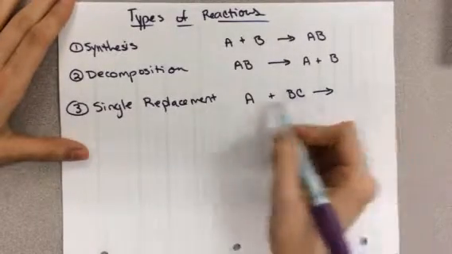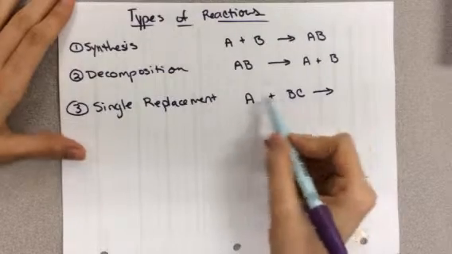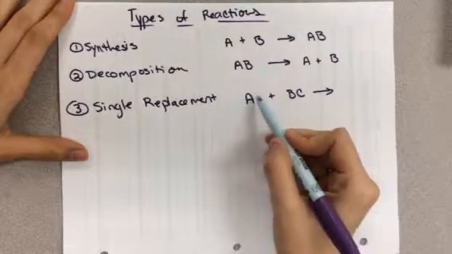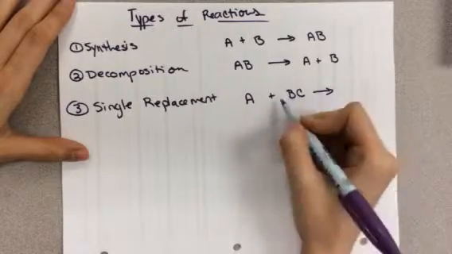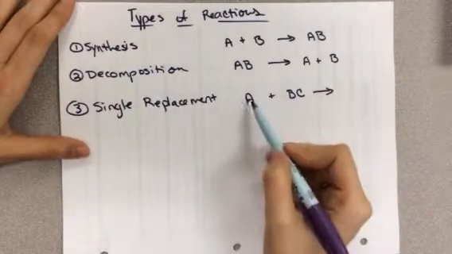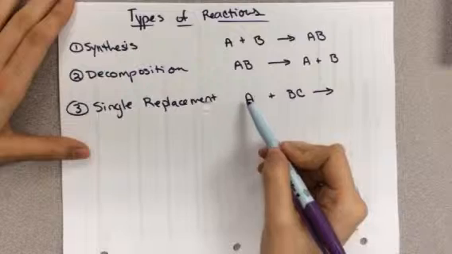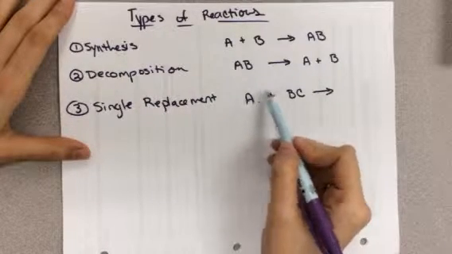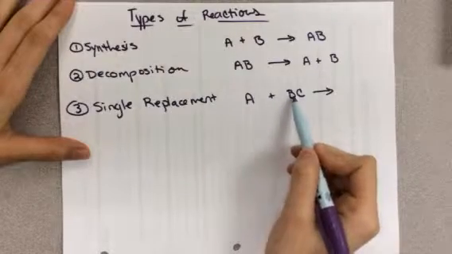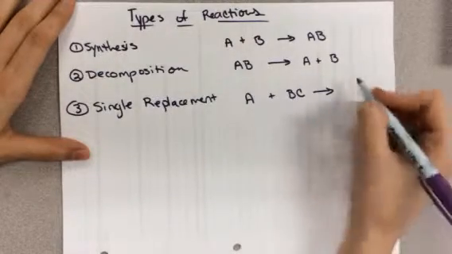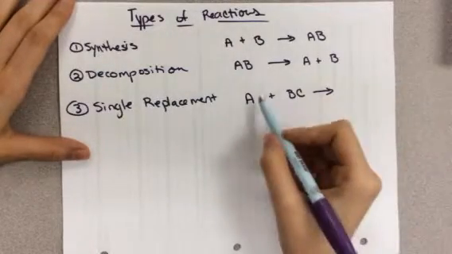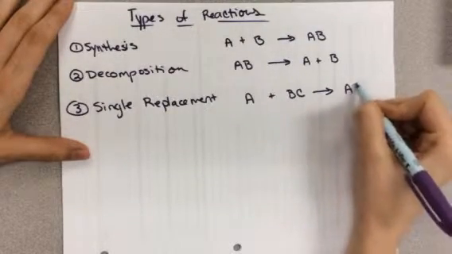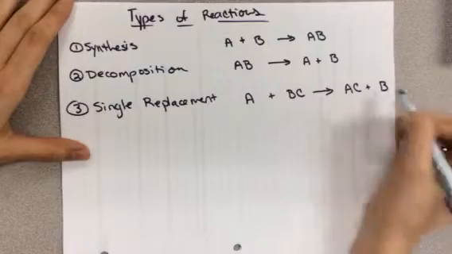And what happens is they undergo a little switcheroo where now A is going to bond with C rather than B bonding with C. Keep in mind that typically this is going to be a metal that is going to take the place of the metal that is in this compound. So now instead of having A and then BC, you're going to have AC bonded and then B is all by itself.